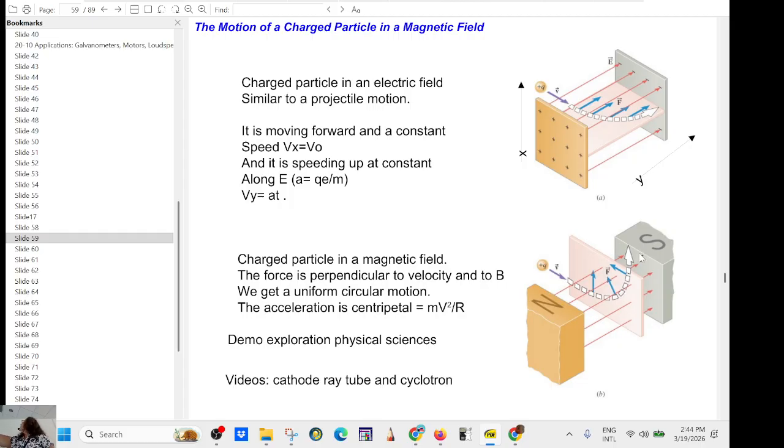Okay, so again, velocity, magnetic field, the force, it has to be along a circle. That acceleration here is called a centripetal acceleration, mv squared over r from physics 1. So this force is a deflecting force. This force is an accelerating force. a equals force divided by the mass.